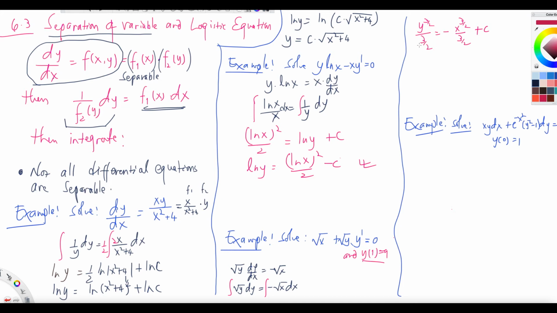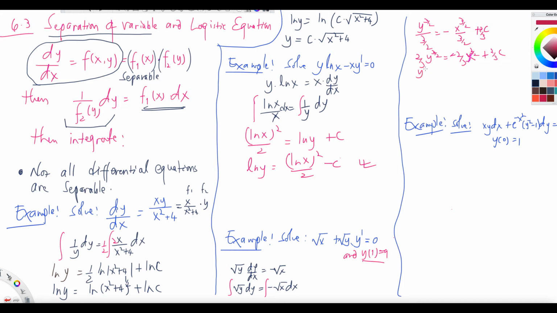So you get 2/3 y to the 3/2 equals negative 2/3 x to the 3/2 plus 2/3 c. Instead of writing c, you can write 2/3 c, since this is just a constant, and then you can multiply by 3/2 so that it cancels out. Oh, by the way, that is x.